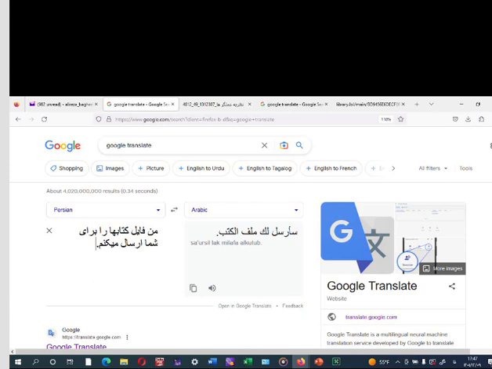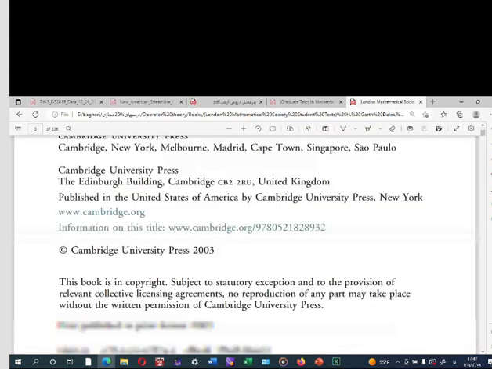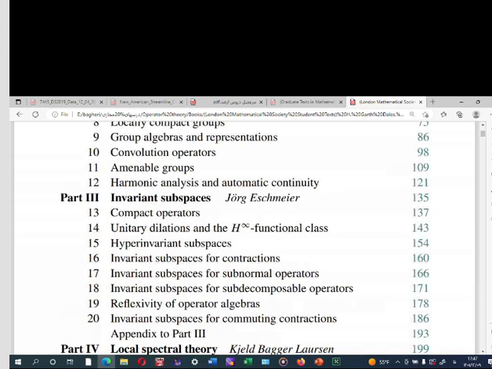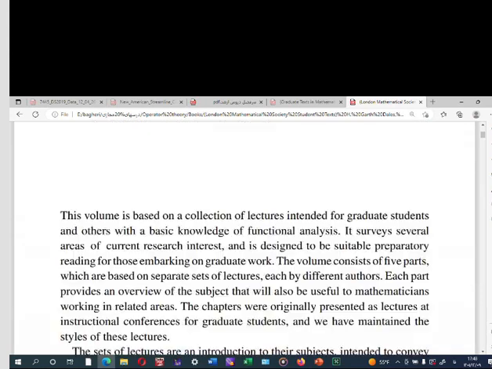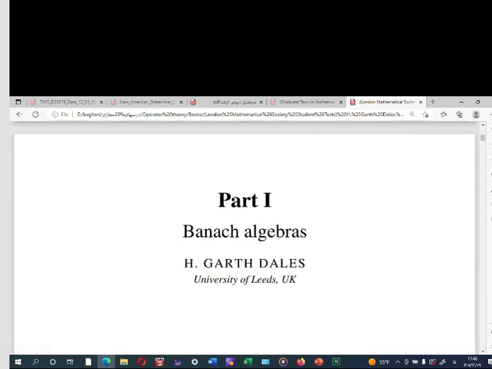Okay, let me begin with part 1 of this book. Part 1, Banach algebras.